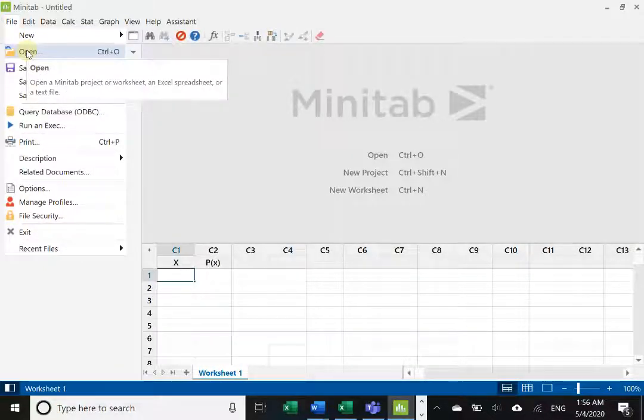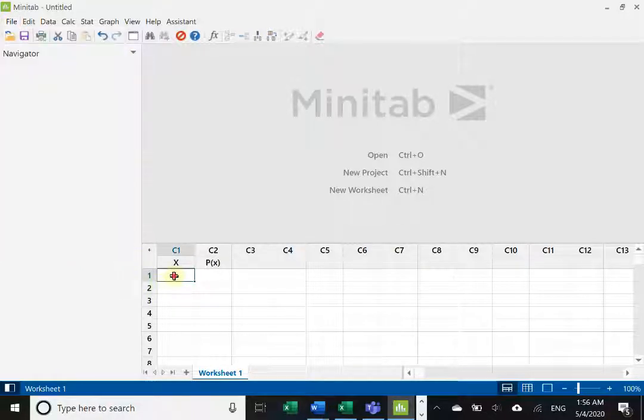That's how you import your data into Minitab. For your project, for example, when you collect data, you can save it in Excel and open it in Minitab to analyze it.